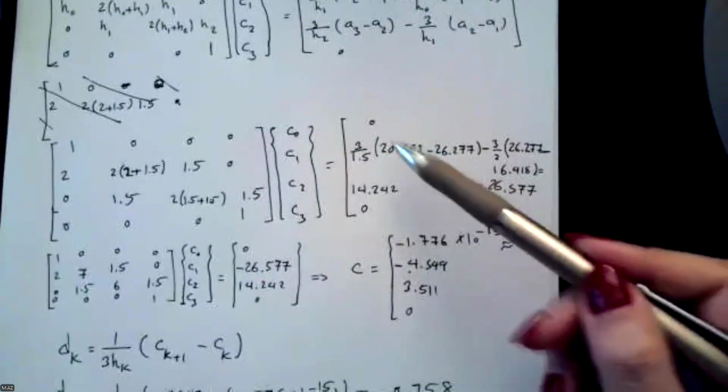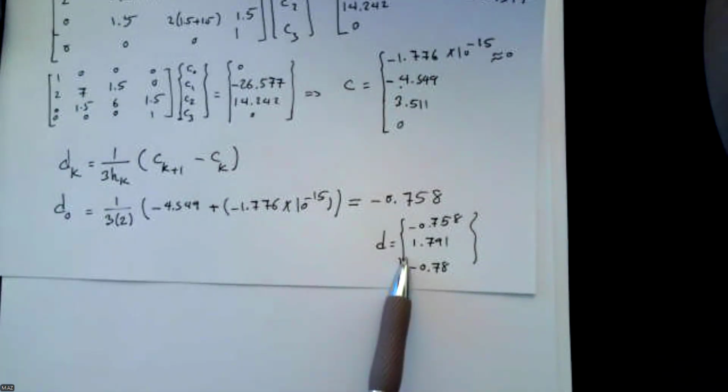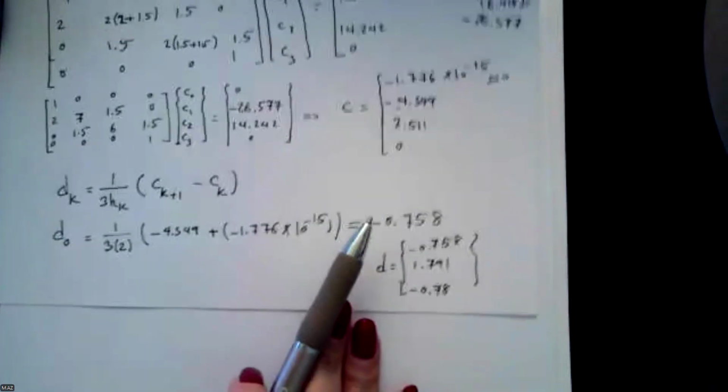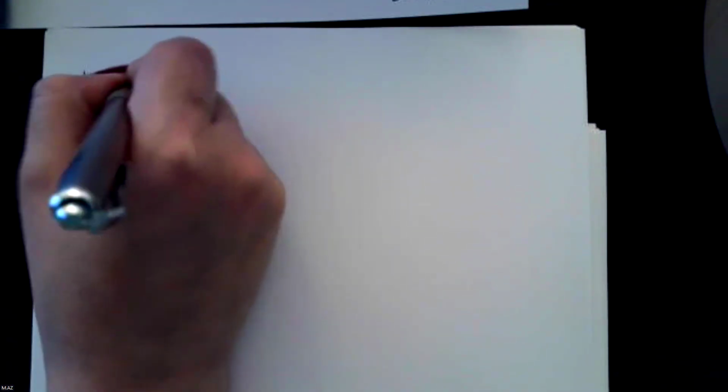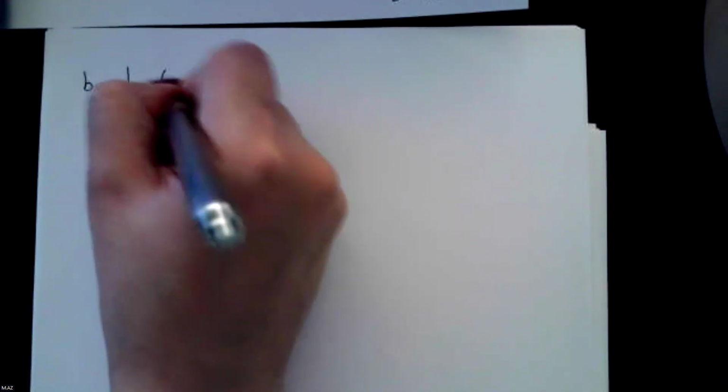This is the value of the C, this is the value of the D. Now we have to find the B. For finding the B, we are applying these equations.